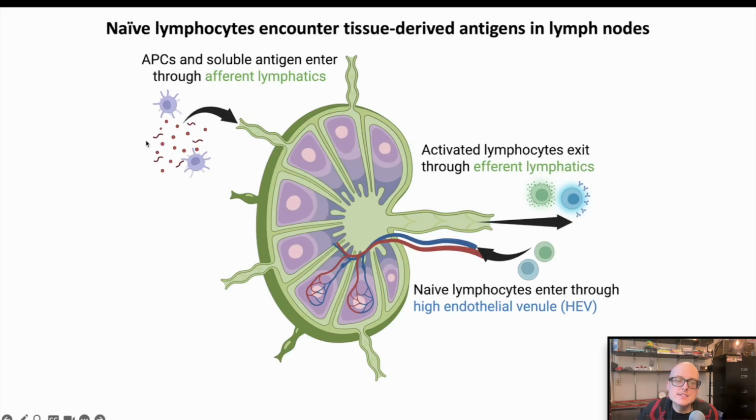So let's look at the lymph node and especially the anatomy of the lymph node. What you can see here is that the lymph node has multiple inputs and outputs, both from the lymphatic system as well as through the cardiovascular circulation. We were just looking at dendritic cells and soluble antigens flowing through the lymph, and as you can see here, they are going to enter the lymph node through structures that we call the afferent lymphatics, afferent with an A. And they're going to percolate through these different tissue compartments.